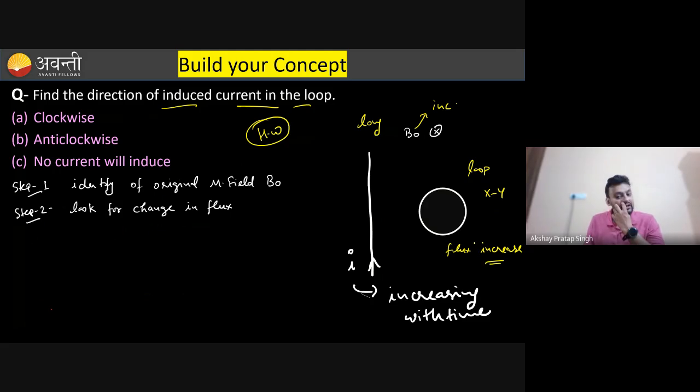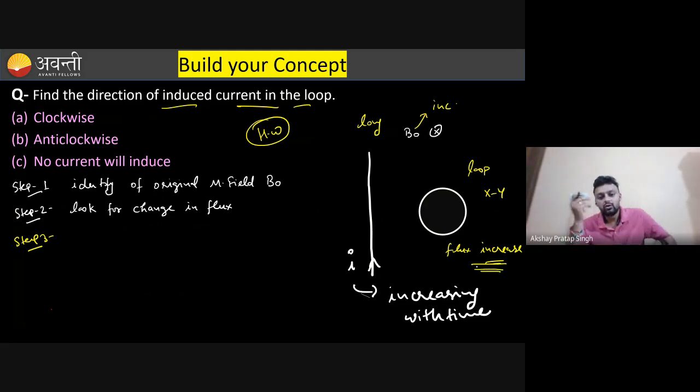That means current will be induced. Now, in the next step, you should try to oppose the change which is producing the induced current. The flux is increasing, so your task is to decrease the flux.